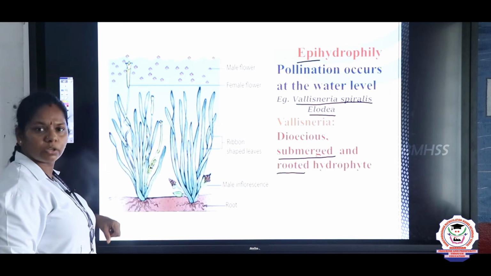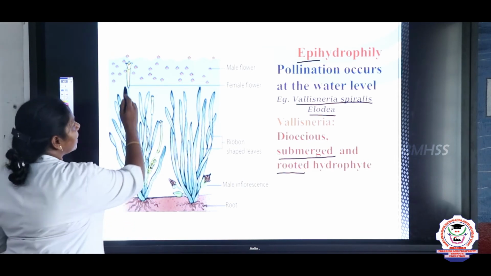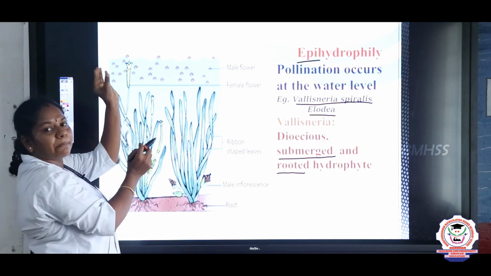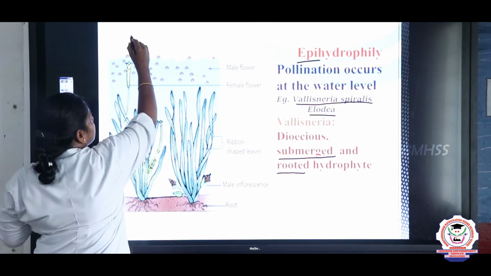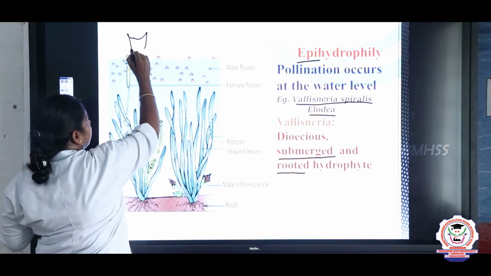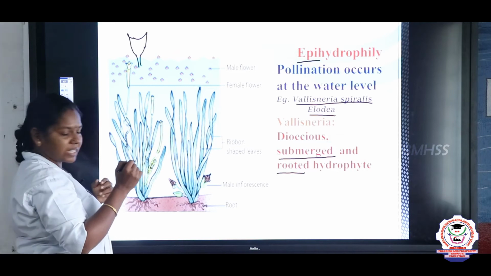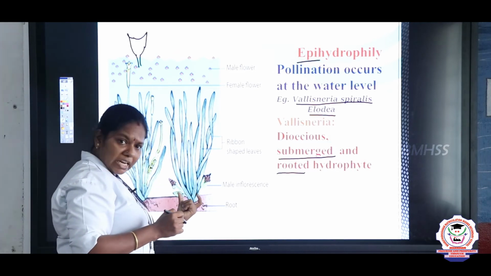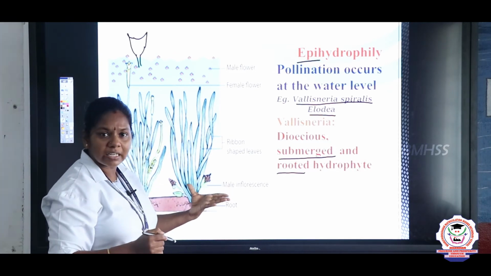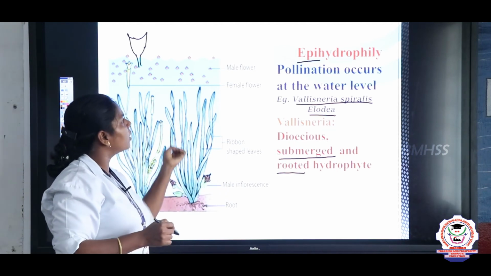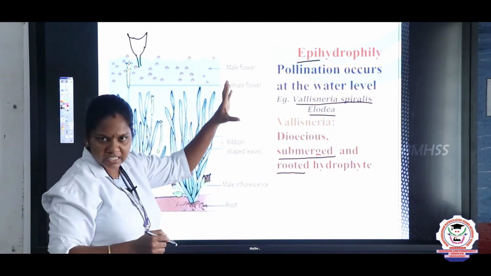Now let us see how the pollination takes place. It is a female flower, children, right? It comes to the surface and makes a depression. What do you mean by depression? It makes a dip like this. The female flower comes on the surface and makes a depression like this. And this is the male inflorescence which produces pollen grains. After release, the pollen grains float on the surface, right?